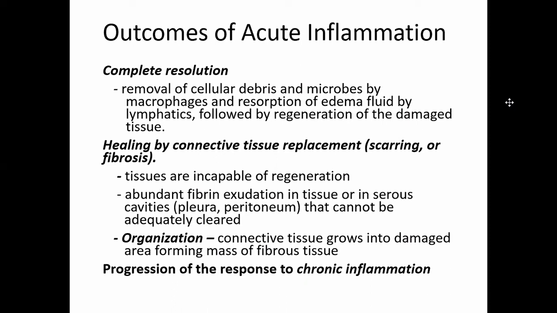Then organization occurs, wherein the connective tissue grows into the damaged area, forming a mass of fibrous tissue. The last outcome is the progression of the acute inflammation to chronic inflammation.